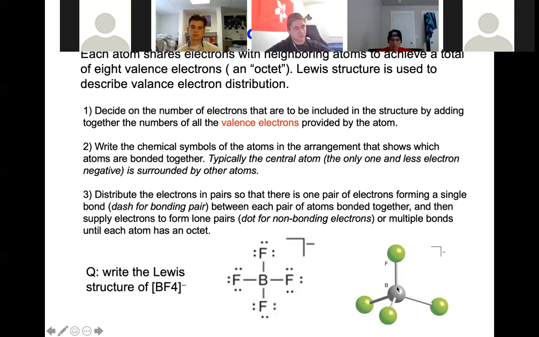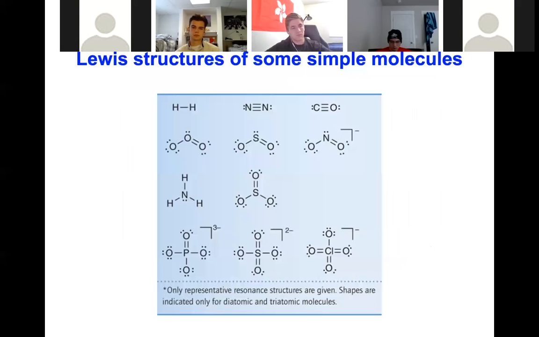Then in this slide, you can see I give you additional examples of the Lewis structure for simple compounds. The hydrogen is simple because each hydrogen only has one electron, right? So two hydrogens, when they come together, form one bond here. You only see one dash. You don't see additional dots because hydrogen does not have additional electrons.